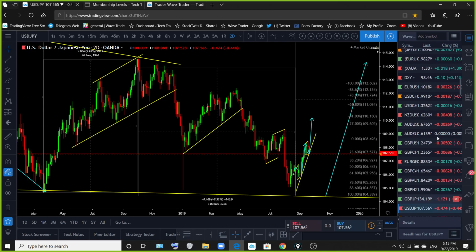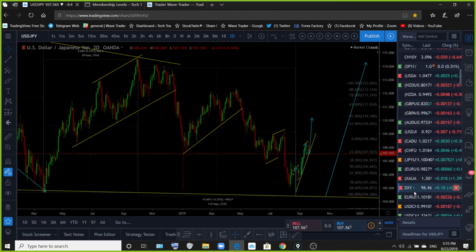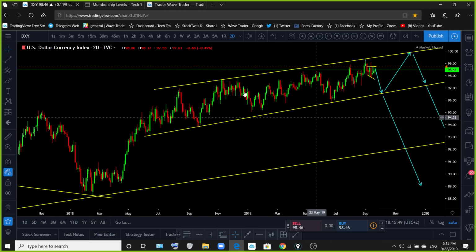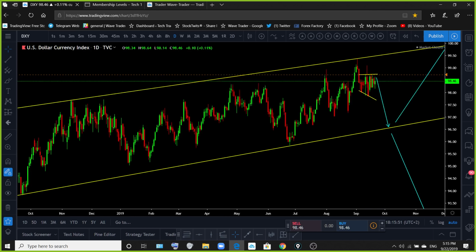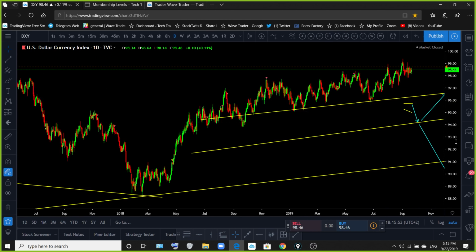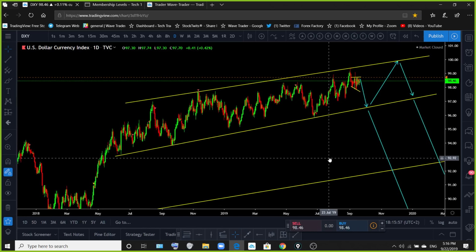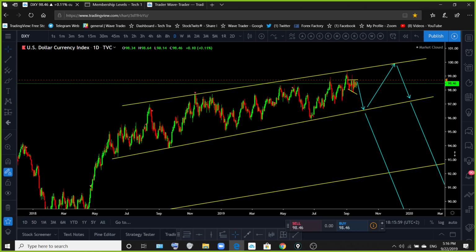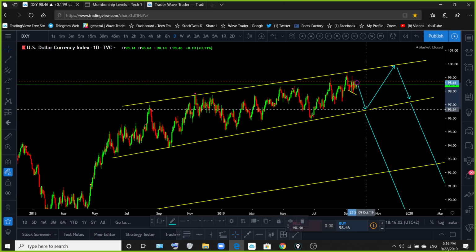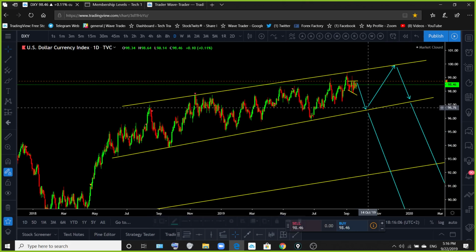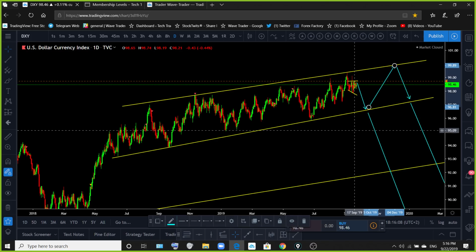Now let's move on to the dollar index. You have seen the chart, and on the dollar index we are still having the same structure and pattern formation we had last week. The market did not react to the Fed rate decision.